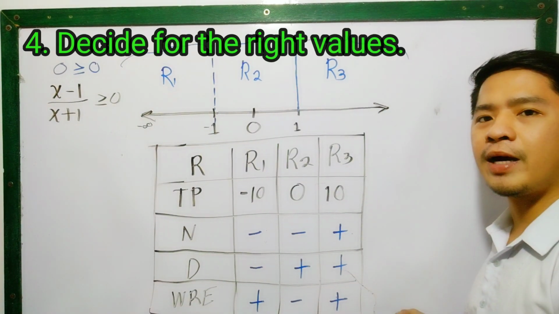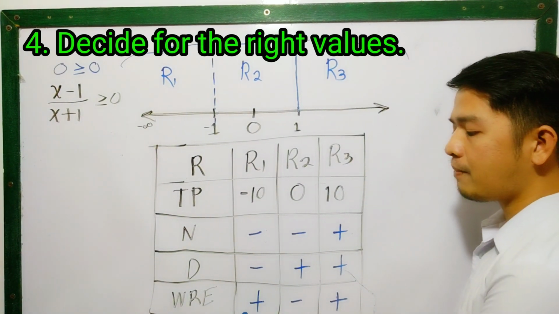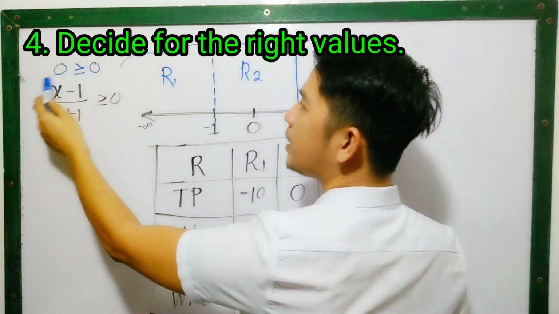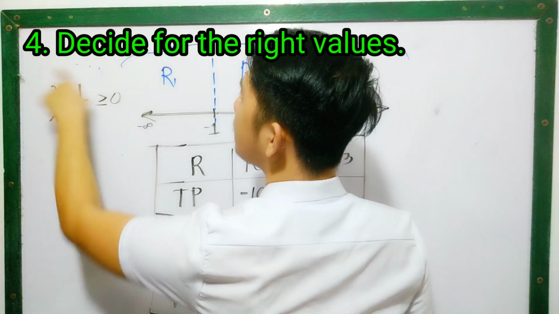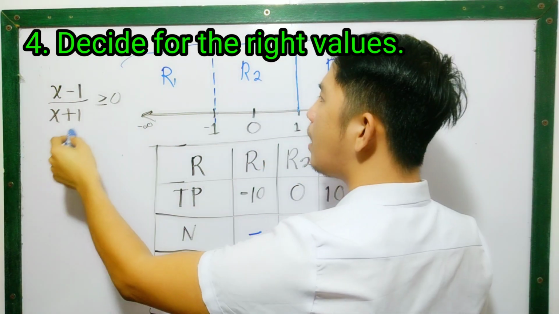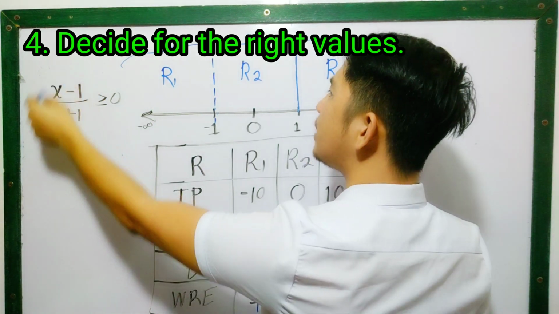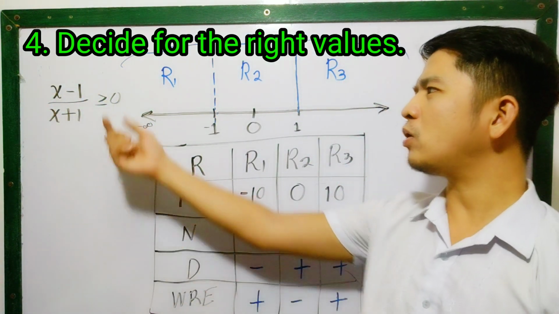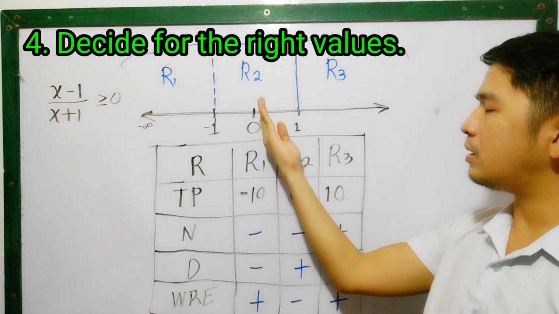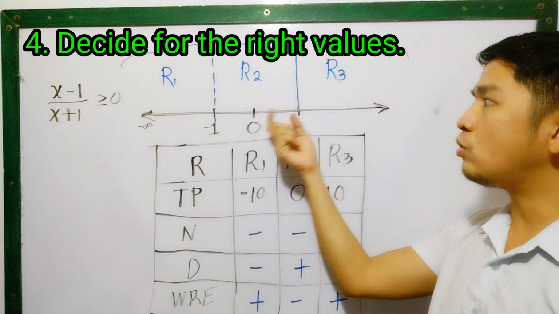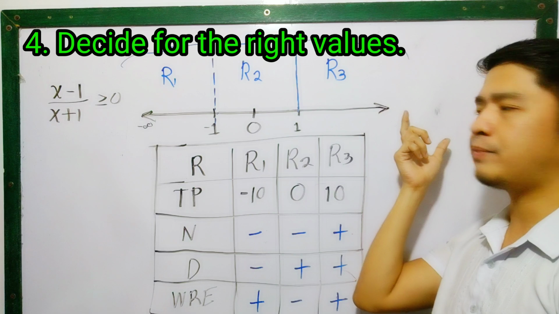Okay, so in deciding for the right values, titingnan nyo yung pinaka given nating inequality. So sa given nating inequality, ang whole rational expression daw natin ay greater or equal to 0. So ano-ano ba yung mga greater or equal to 0? Yung greater to 0 ay yun yung mga positive numbers.